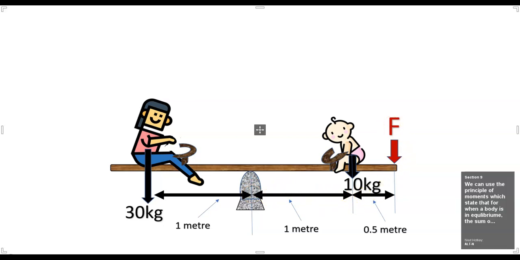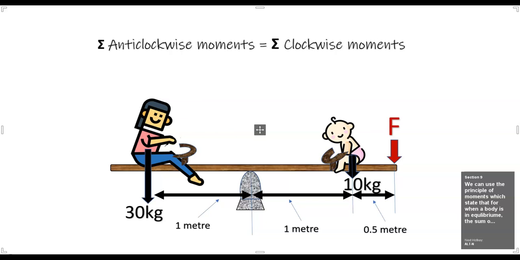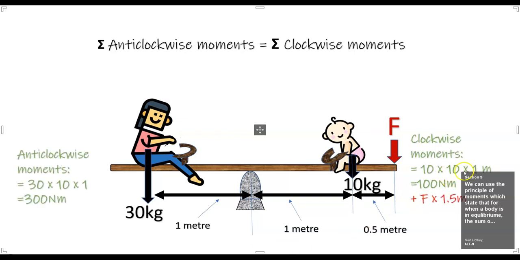We can use the principle of moments, which states that when a body is in equilibrium, the sum of the clockwise moments must equal the sum of anti-clockwise moments. This means that the 100 Newton meter plus F times 1.5 meter is equal to the 300 Newton meter. Solving this equation, we get F equals 6.67 Newton.